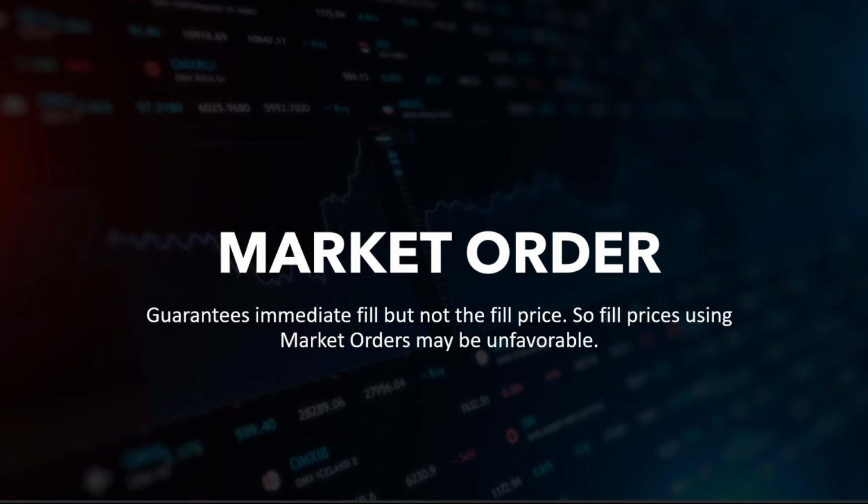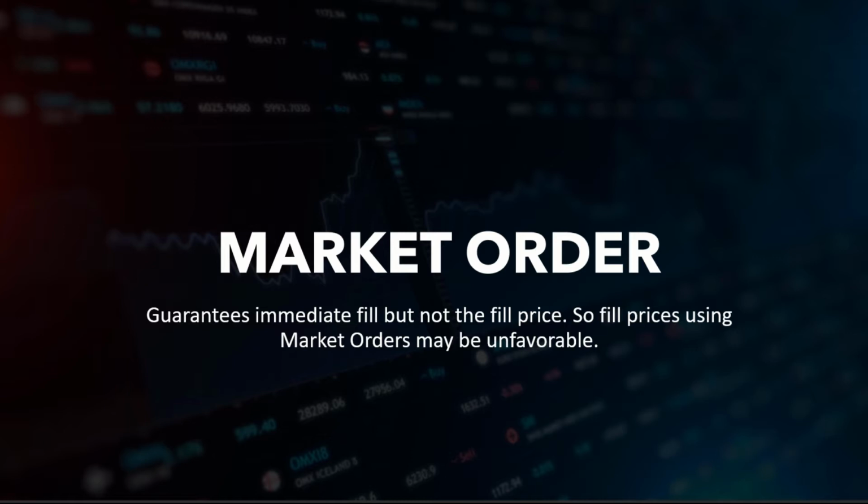So you put in this order when getting filled on the order is more important than getting your desired price for the order. Now, this could be for a buy order or a sell order, it does not matter. Say we are trading Apple, and just as an example, Apple is trading at $110.